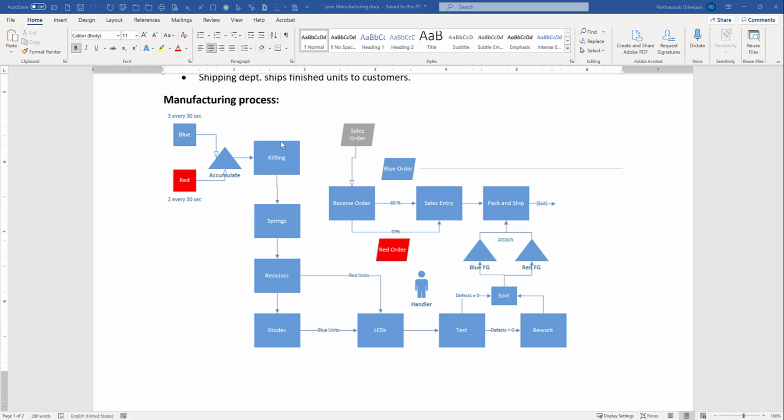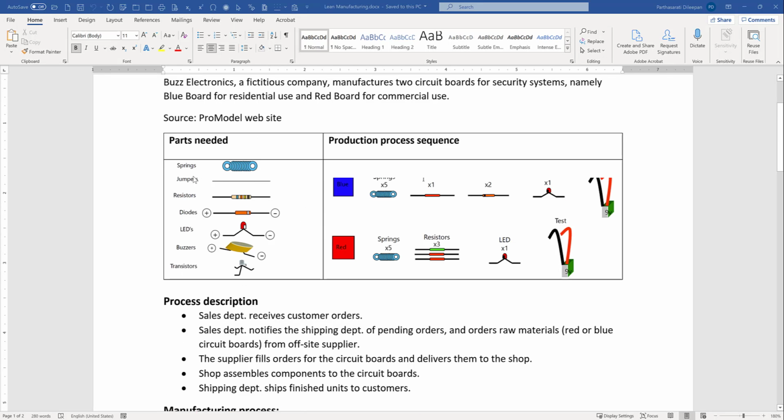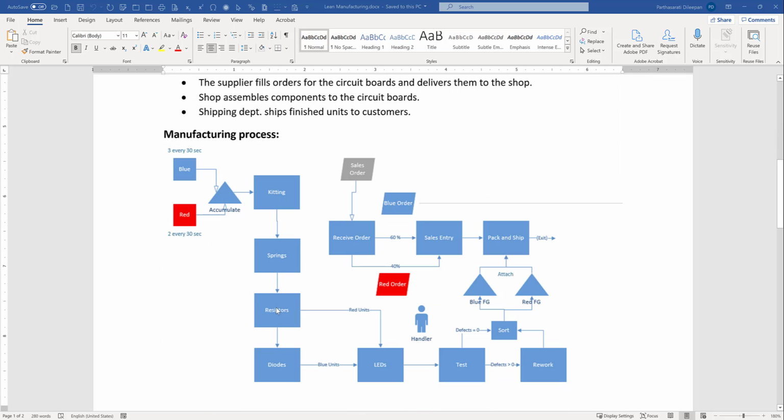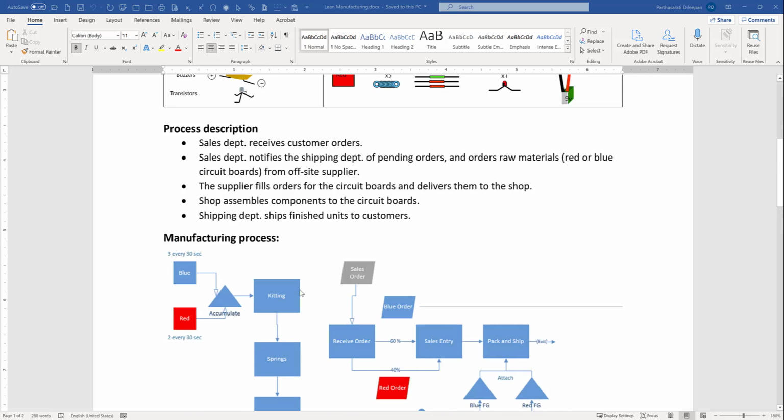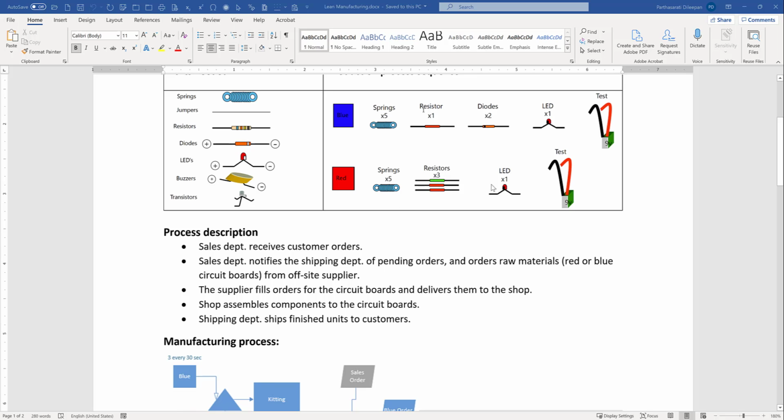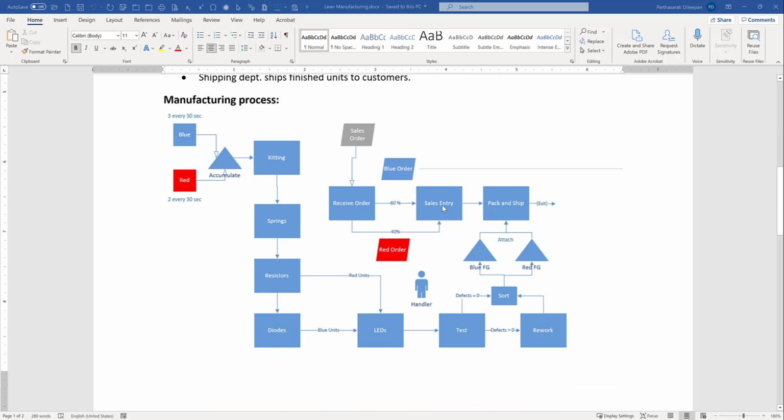So there is first the knitting station, and then springs are added, and then the resistors. Then red will skip the diode.